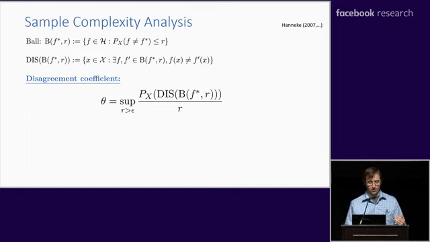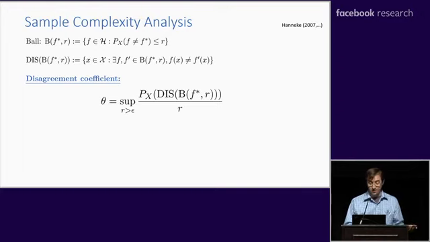There are several different parts to it. The first part is this ball of radius r. This is essentially an L1 ball. The ball centered at f star of radius r is the set of classifiers in H such that the probability that they disagree with f star on a random point is at most r.